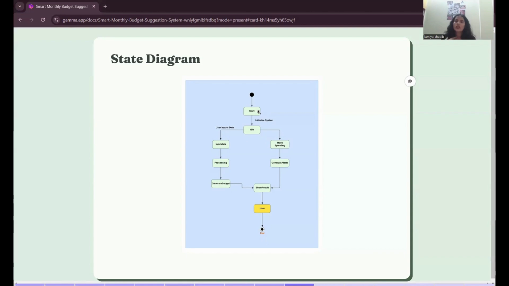Once the user inputs the data, there is processing, and then the budget is suggested, and then the result is shown. Simultaneously, your expenses are being tracked, and it generates an alert if it exceeds, and it shows the result, and finally the result is given back to the user, and then the process ends.